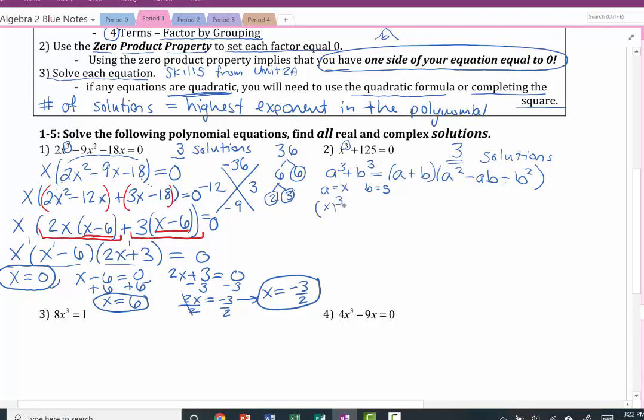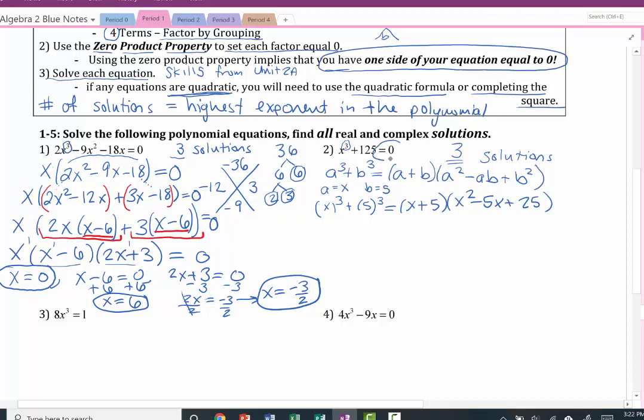So really it's kind of like this. It's in the a cubed plus b cubed format, so then its factors will follow this template here. So I fill everything in, and I can see that x cubed plus 125 factors into x plus 5 times x squared minus 5x plus 25.